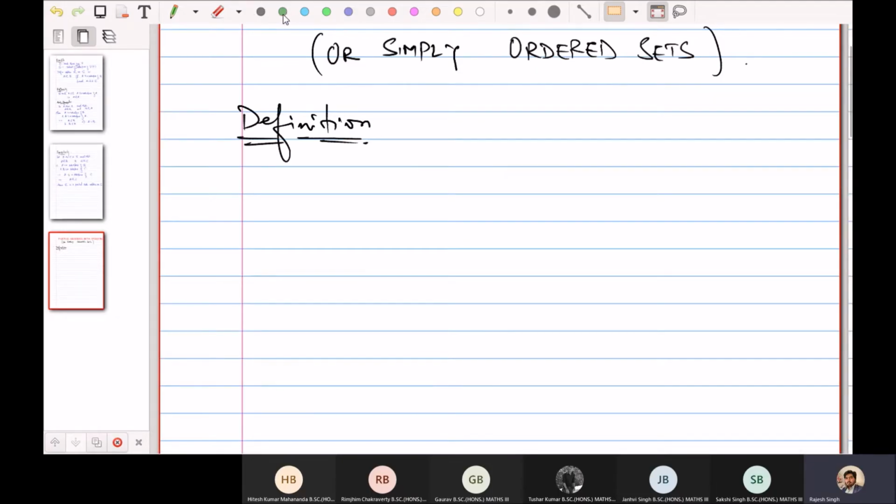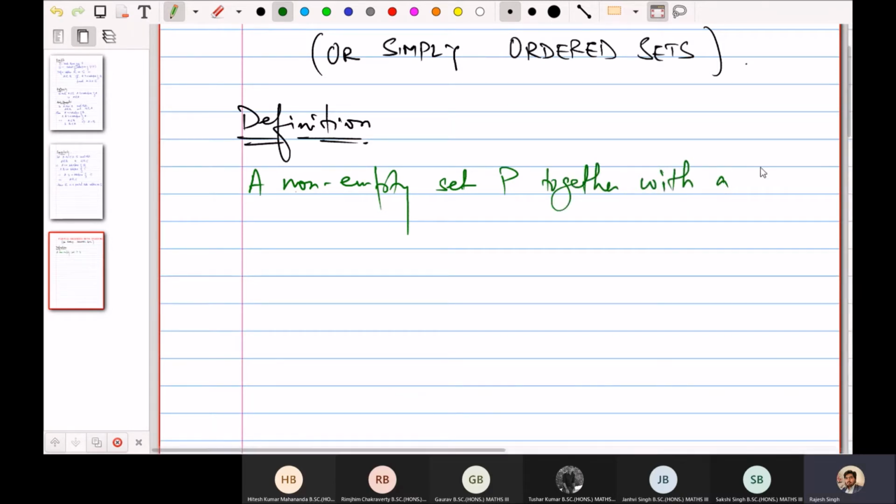So definition: a non-empty set P together with a binary relation. We have already noted in the last class that we will denote the relation by this symbol, the less than or equal to symbol.